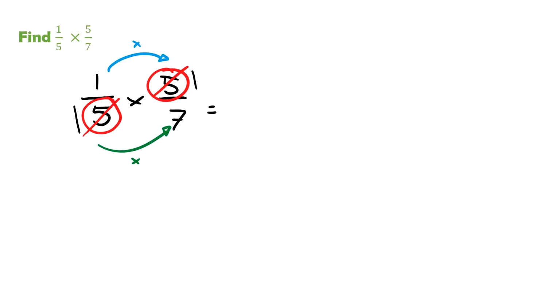So what we get is, on the top we get 1 times 1, over on the bottom 1 times 7, so we end up with 1 over 7. Alright, so if they're on the top and the bottom, like the 5s in this case, they would cancel out, okay, and you're left with 1.